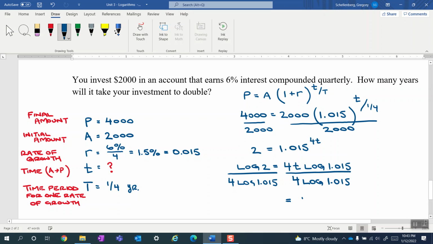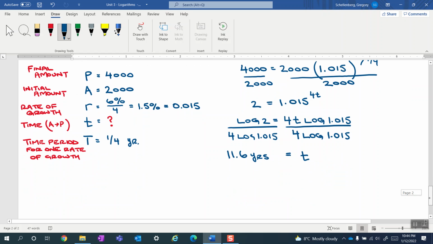And so we should end up with something like 11.6. And so what that represents is the number of years that it's going to take for us to double our investment of $2,000 when invested at 6% annual interest compounded quarterly. And that's it.